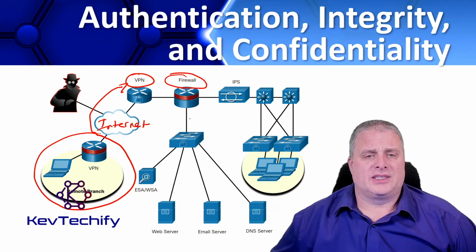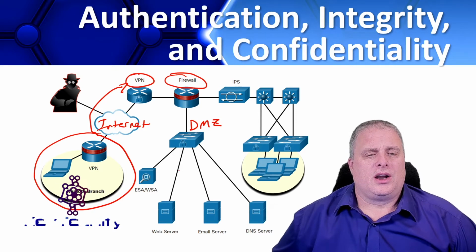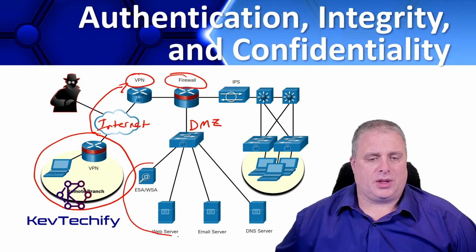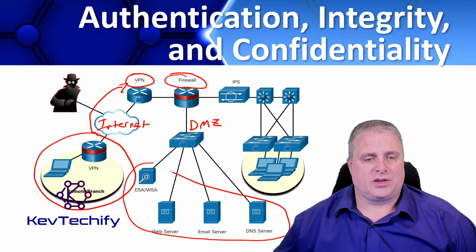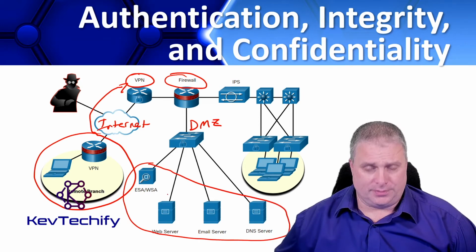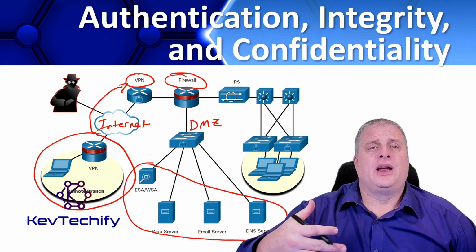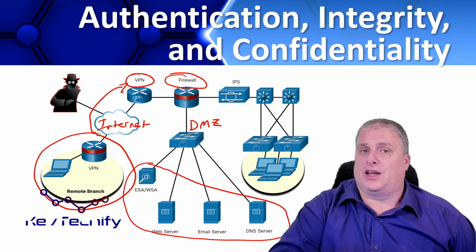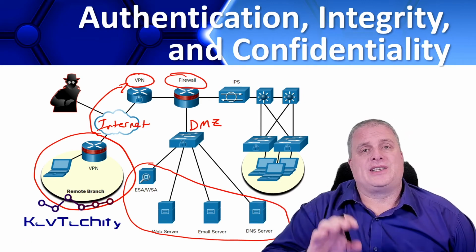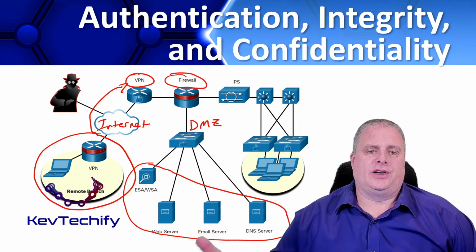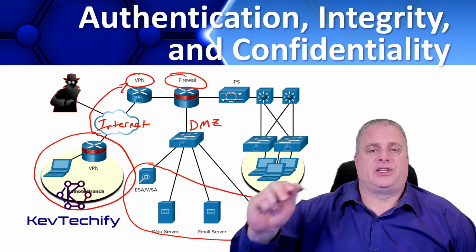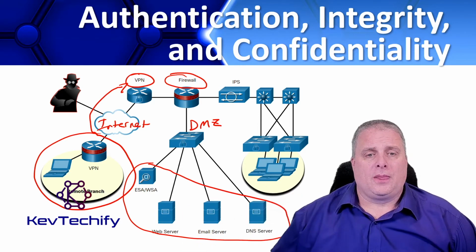Then this down here is a demilitarized zone, a DMZ, where these devices, an email security appliance, web security appliance, web server, email server, DNS server, have to provide some functionality to your users from the internet, but yet you don't want those devices on the interior of your network giving access to the rest of your network.